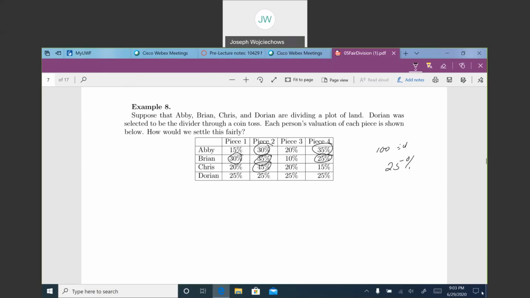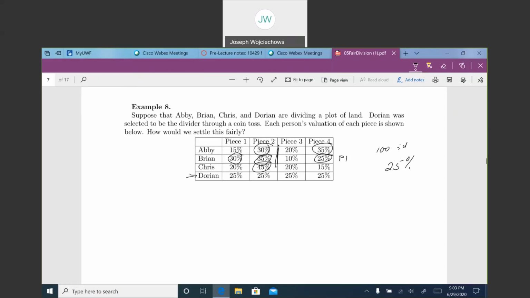And Dorian was the divider, so now let's look. Piece 2 is going to be a mess. However, Brian is good with piece 1. Now we have Abby and Chris fighting over piece 2 and piece 4.